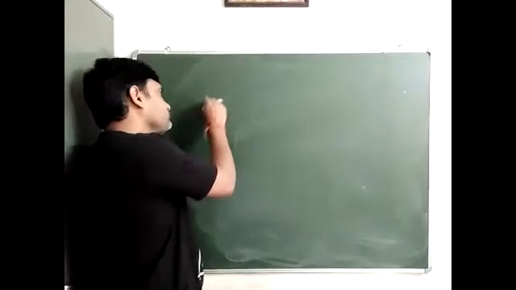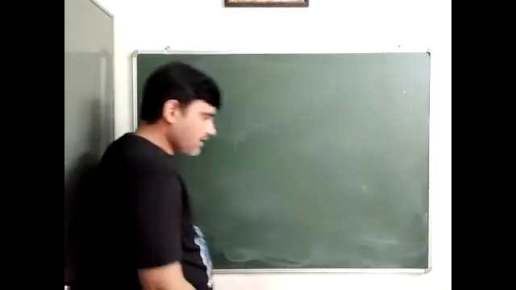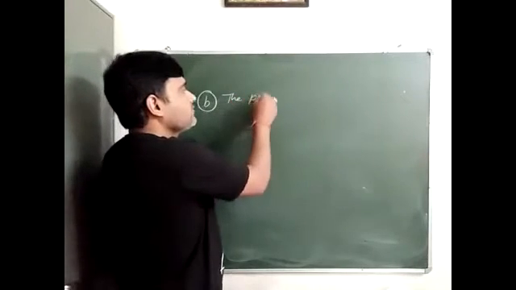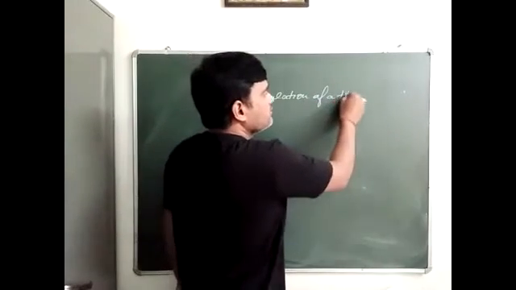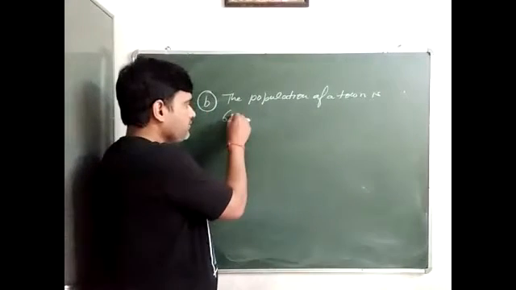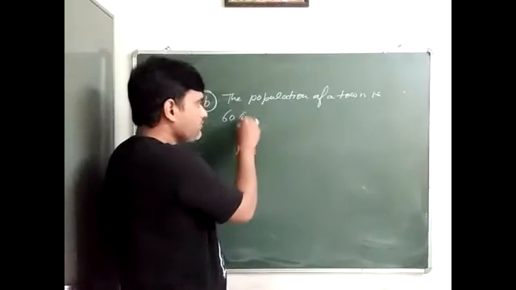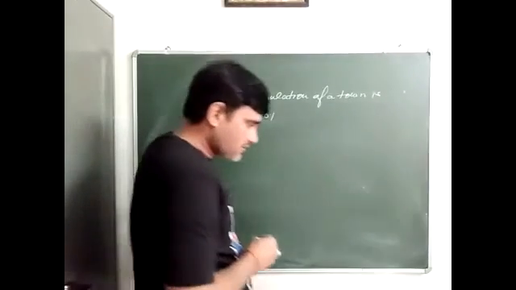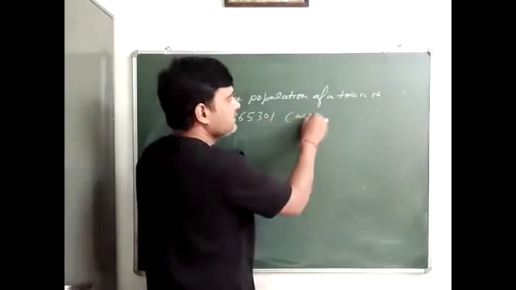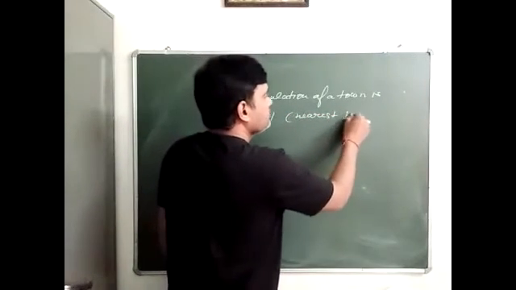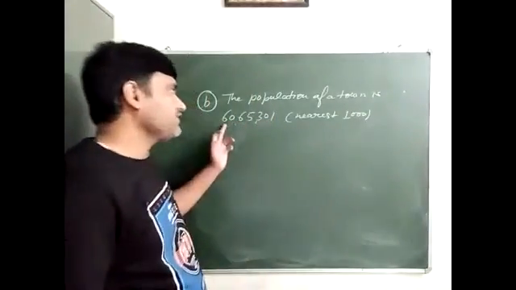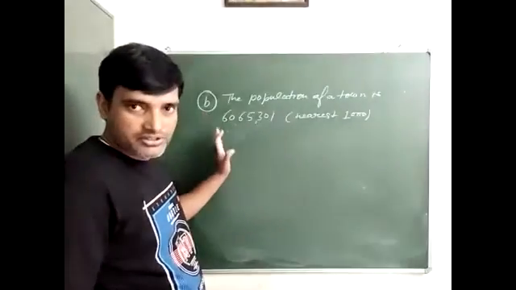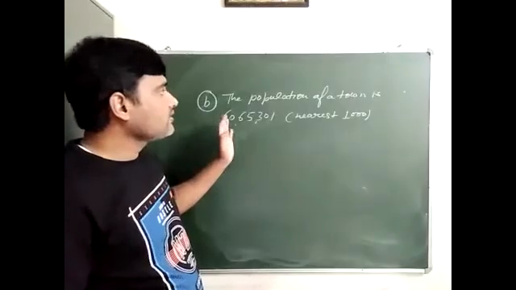B. The population of a town is 60,65,301. Nearest 1,000. We round this number to the nearest 1,000.